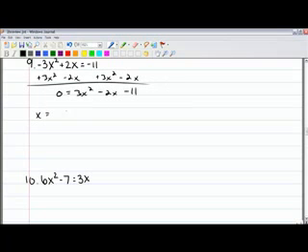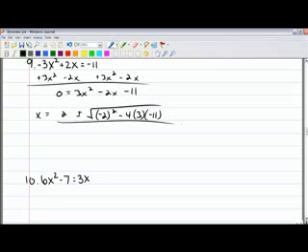So x is equal to negative b, so 2, plus or minus the square root of b squared minus 4ac. There's where you got two negatives stacked up in there, and divided by 2a. So that's equal to 2 plus or minus the square root of, and I'll go slow here, negative 2 squared is 4, and you're going to subtract 4 times 3 times negative 11.